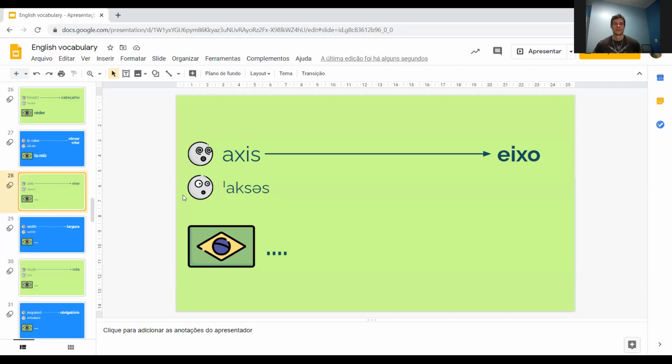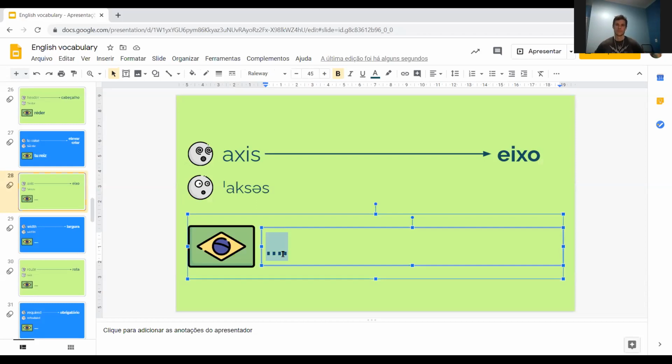You know what? I don't even know how to say it. I never used that word. Give it a try. I would say axis. Axis. Just like axis. The difference is the second vowel sound. Axis, and access.